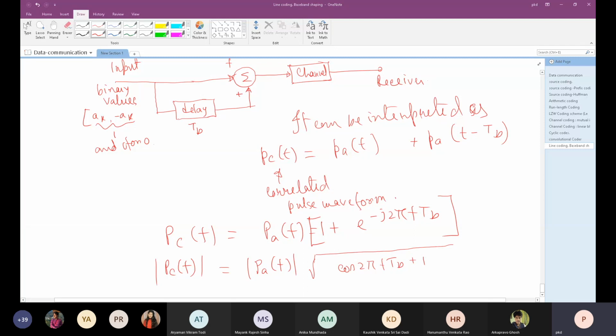So one term, if we put cosine f TB, then what would be the other term? I think it would be like, I have to check it, most probably it is like this.